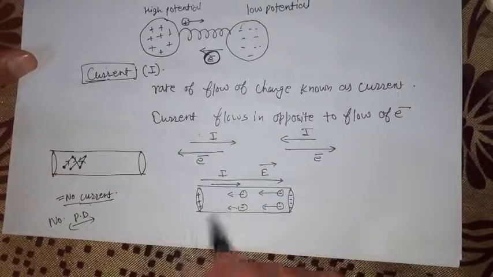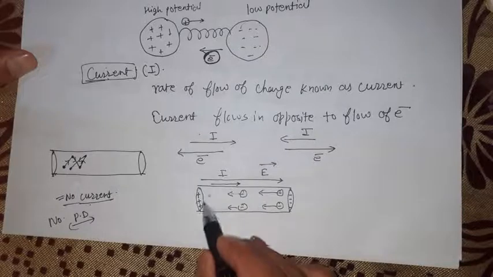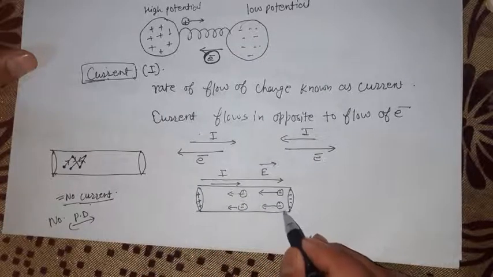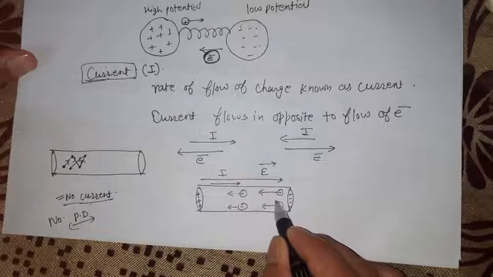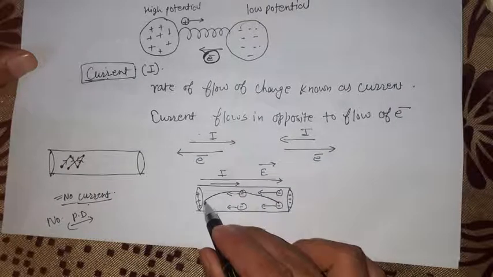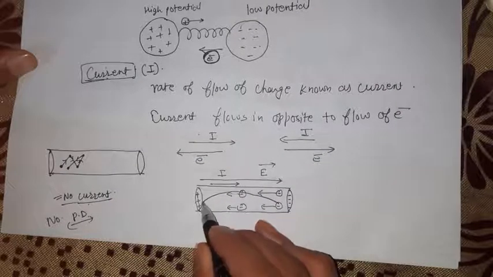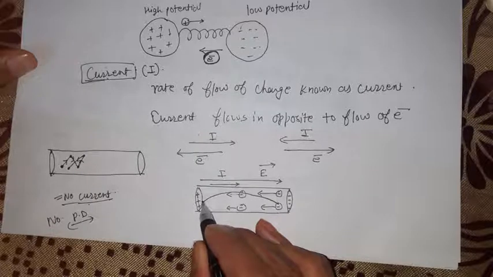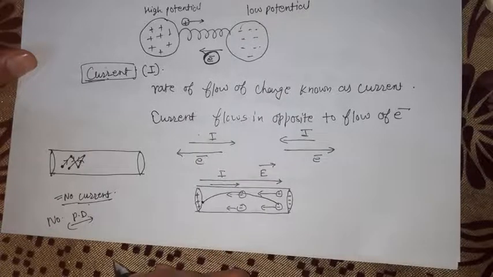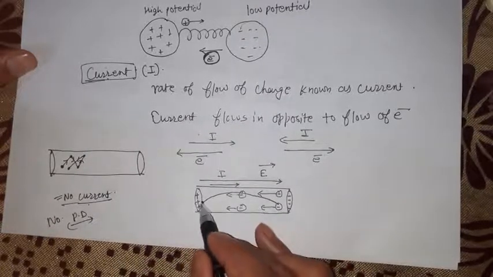Now, students, one thing we have to remember: it is not that an electron will start from here and end its journey at this position. A single electron will not come to that position.